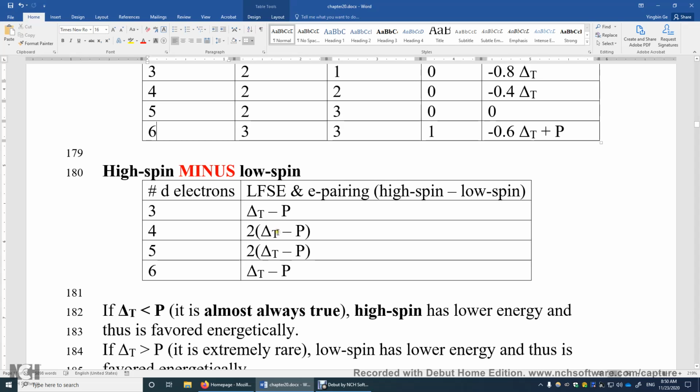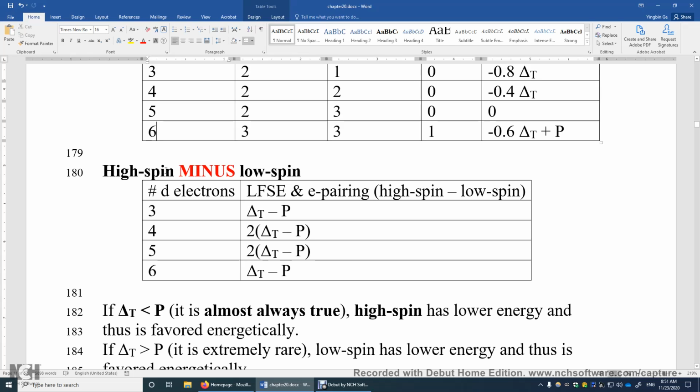So in this case, delta T is almost always less than P. So these 4 are almost always negative. That means the high spin state almost always has lower energy than the corresponding low spin state.